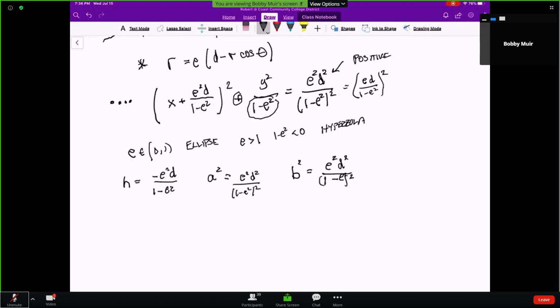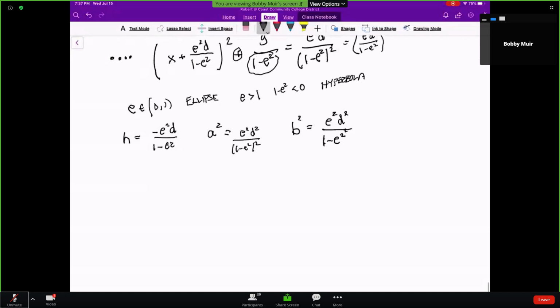Okay, so he's saying that A squared, this is not right. This guy doesn't have the, he just has 1 minus E squared.